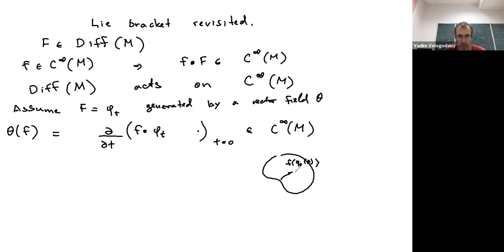This is the integral curve, a curve tangent to the vector field theta. So you take the function f, restrict it to this integral curve, and take the derivative when t equals 0. What you get is precisely the directional derivative of f along the tangent vector theta. So this is true by definition.